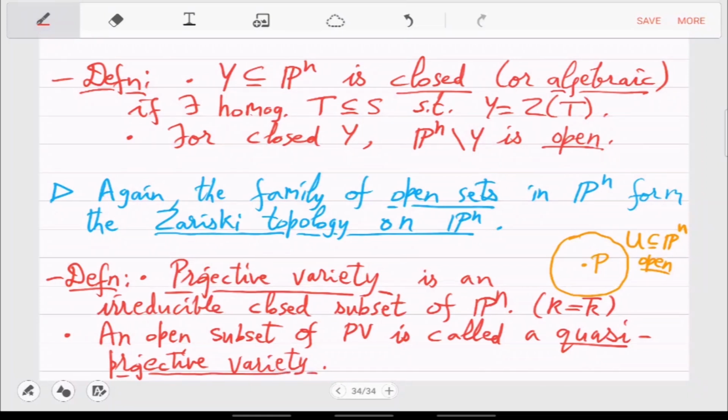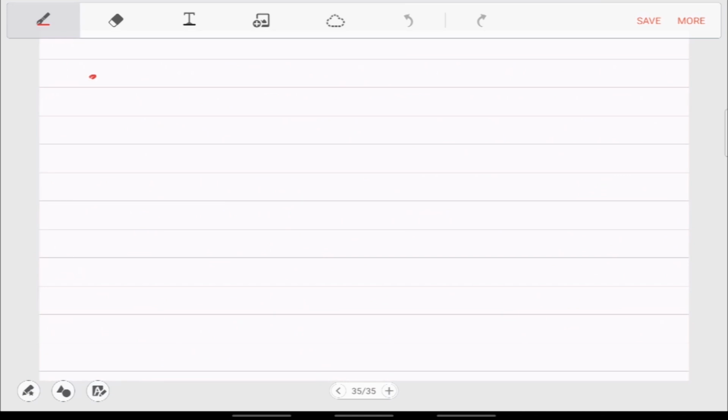Generally, whatever we say about projective varieties will be true for quasi projective varieties. The only difference is between closed and open. Both are irreducible, so that will help. And dimension is defined as before.